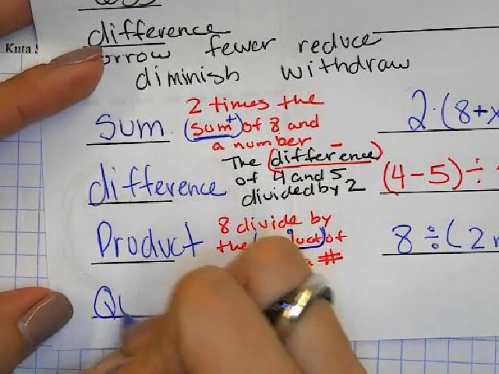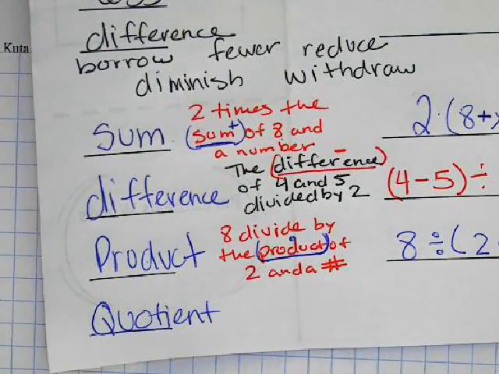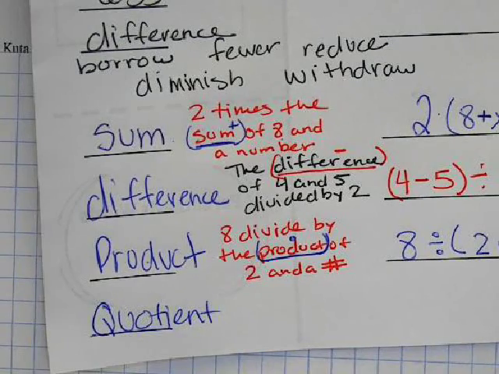Yeah, you're going to have to add a line over here. What does quotient mean? Divide, and now it also means parentheses.